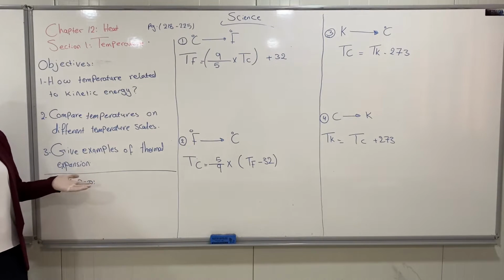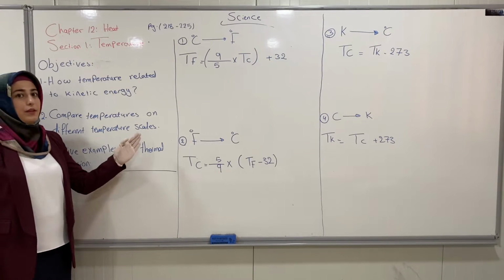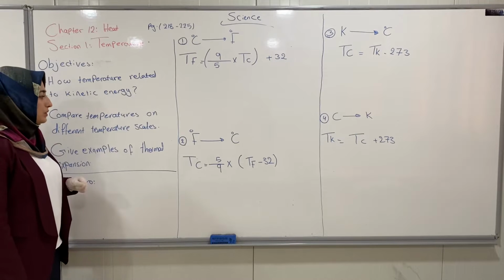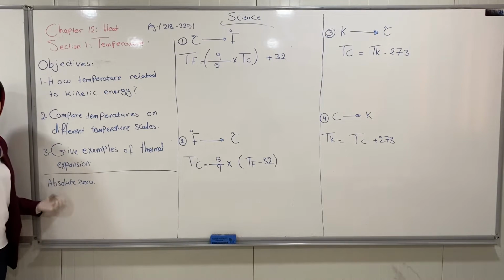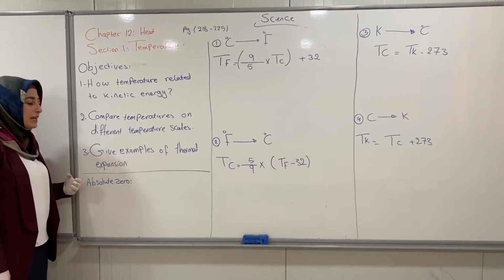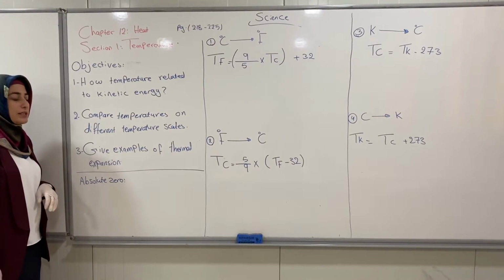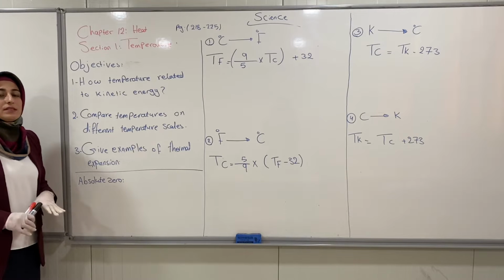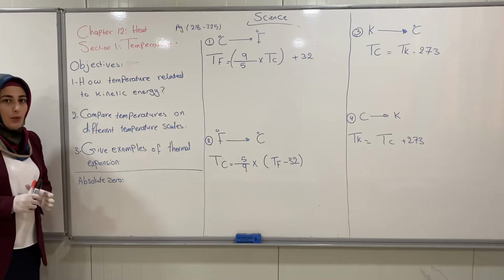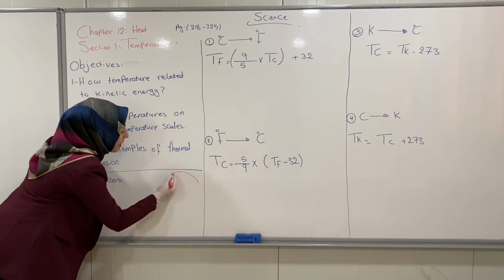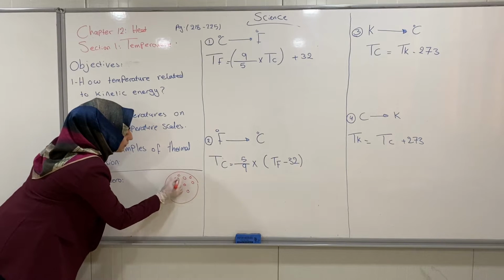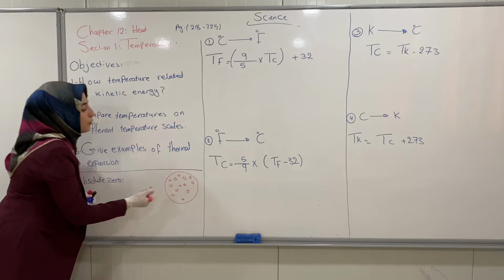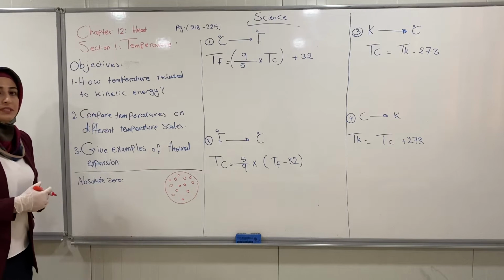As in the previous video, I explained the scales of temperature without explaining absolute zero. Now I want to explain absolute zero for you, which is the point of temperature at which all movement inside the object stops. It means we said that particles can move inside an object and the movement changes according to the temperature.